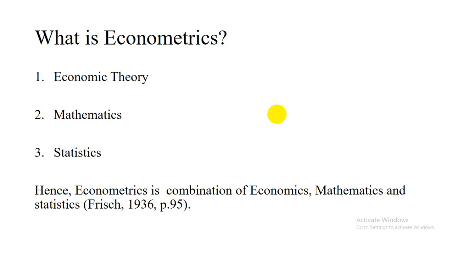Hence, according to Fisher, econometrics is a combination of economics, mathematics, and statistics. And if any of these subjects is not taken into account, then it might lead to misleading inferences.